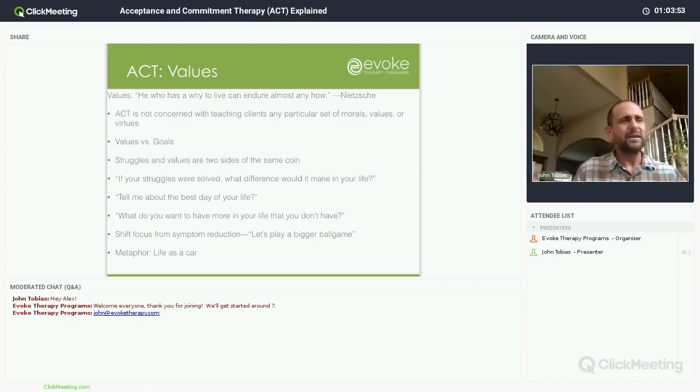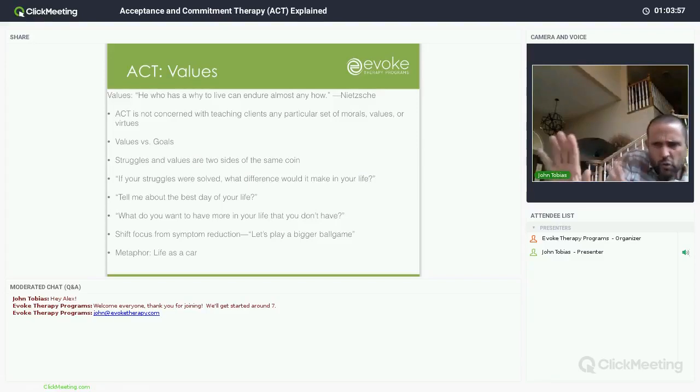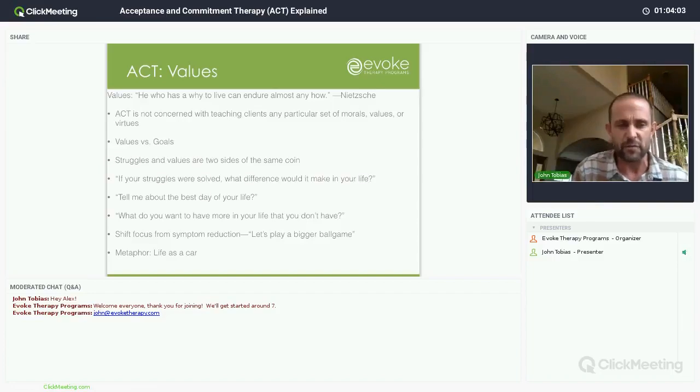That is, can more matter in your life than just this push away or this battle with your internal experience? And I love this metaphor, and I use it often.